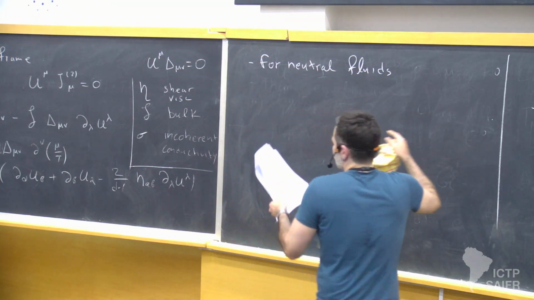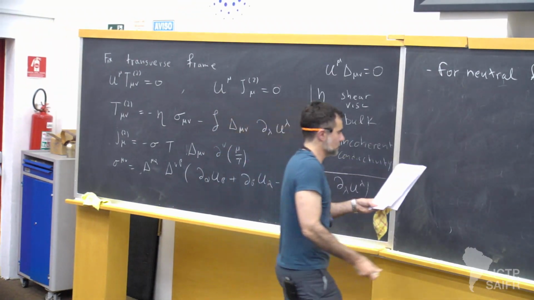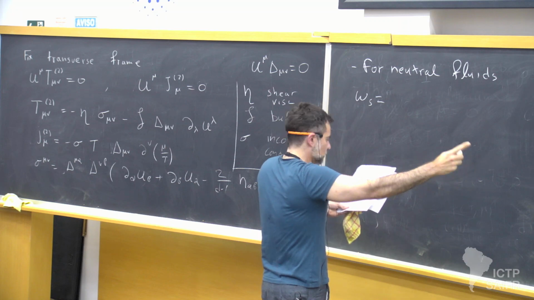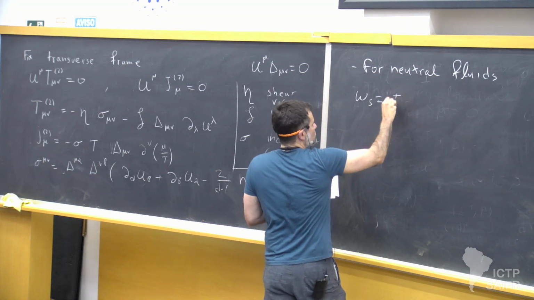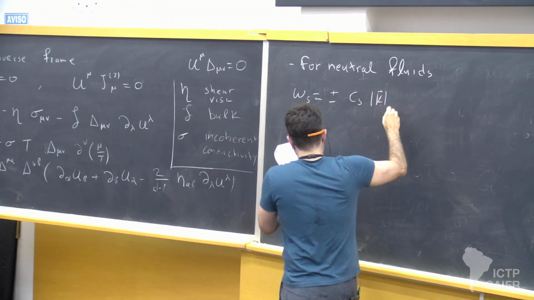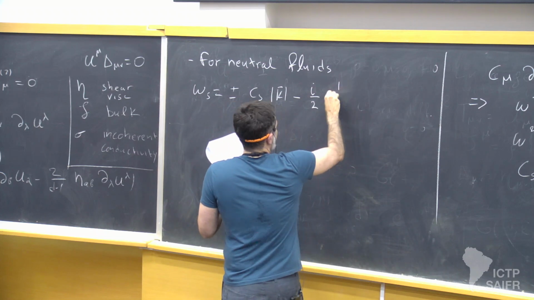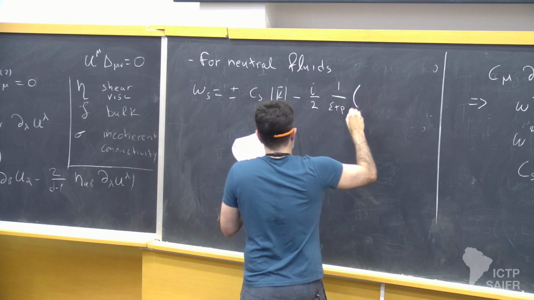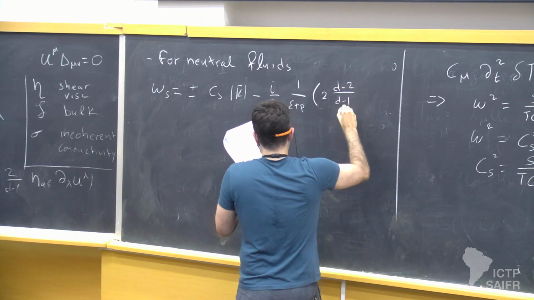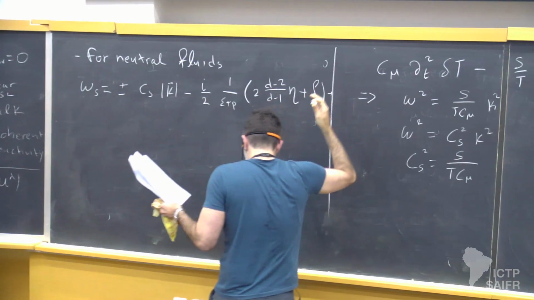Good. So if you go back and solve the problem again, with no background charge density, the sound mode dispersion relation will be modified to plus or minus the speed of sound times the norm of k, and now you will get your first correction, times 2 (d minus 2) over (d minus 1) times eta plus zeta, plus now higher order terms.